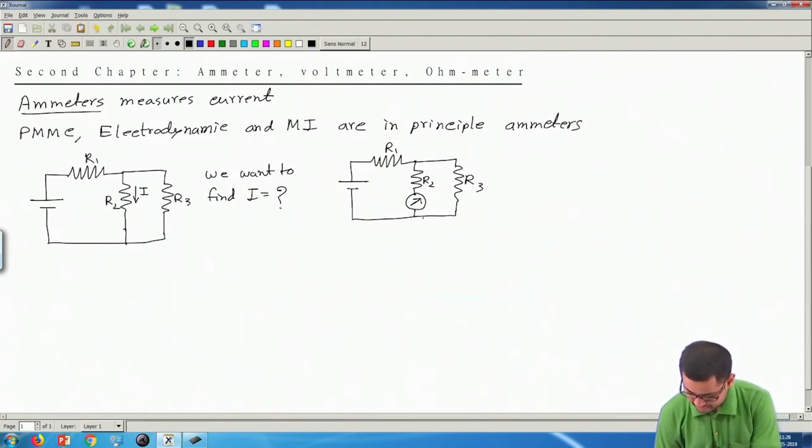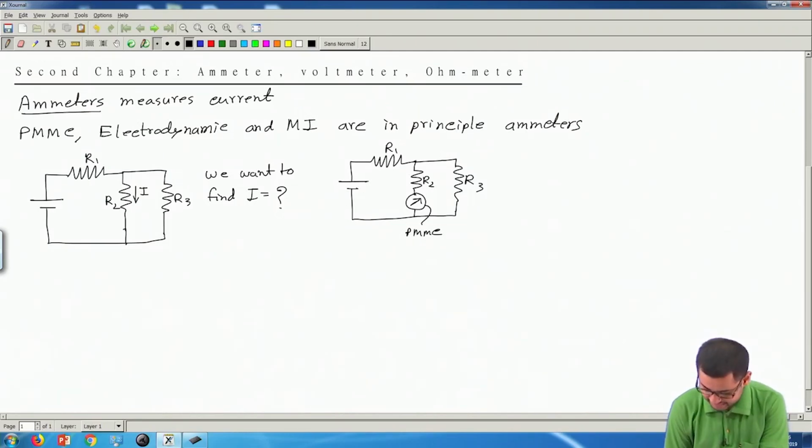This meter can be PMMC, electrodynamic or AMI in principle. The choice will also depend on the type of the circuit, maybe AC, DC, etc.